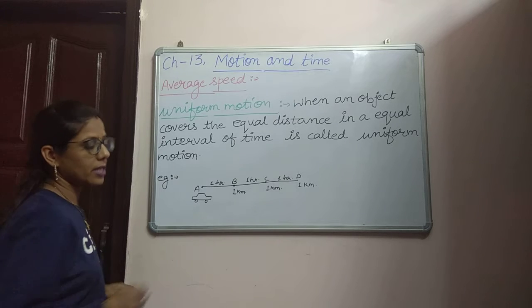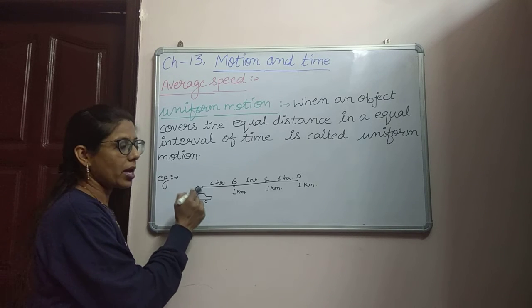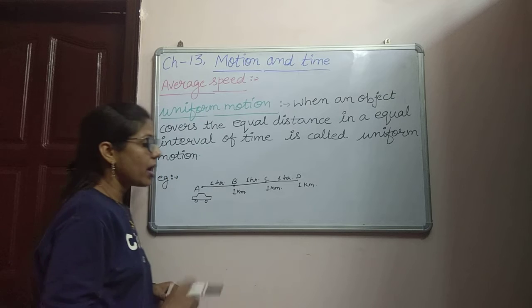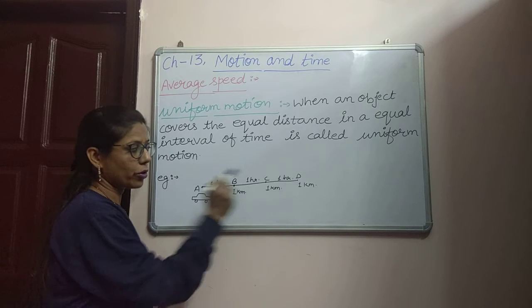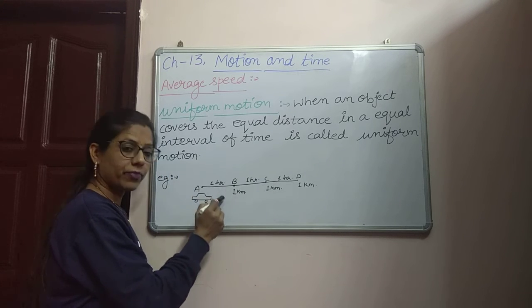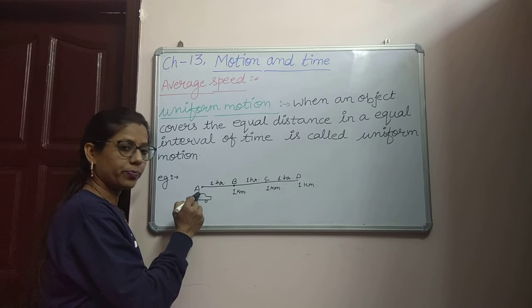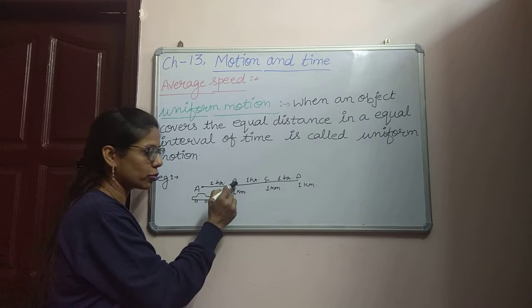You can see in this example, maybe this is an object and it has to move from A point to D point. For reaching from A point to D point, again and again it is covering 1 kilometer. Maybe it has started its journey from A point and now it will reach the B point.